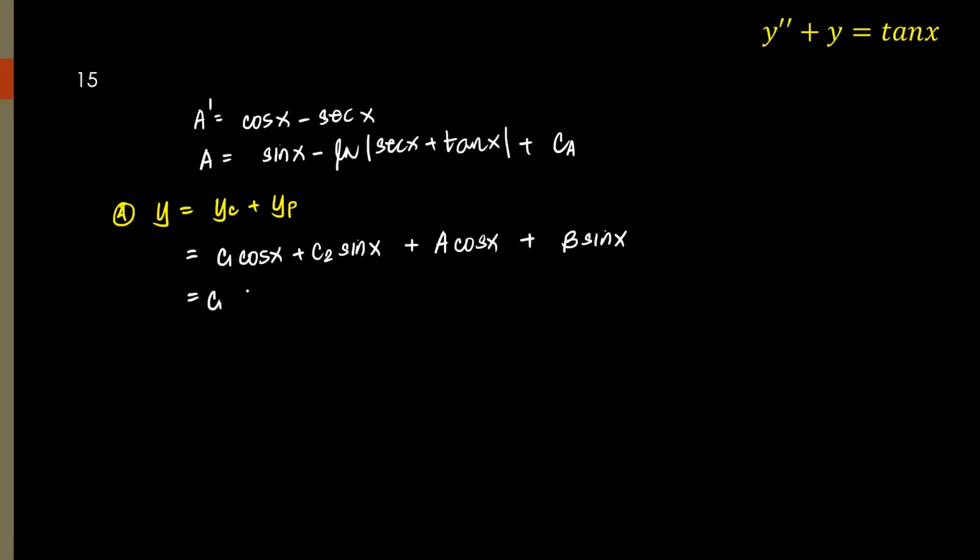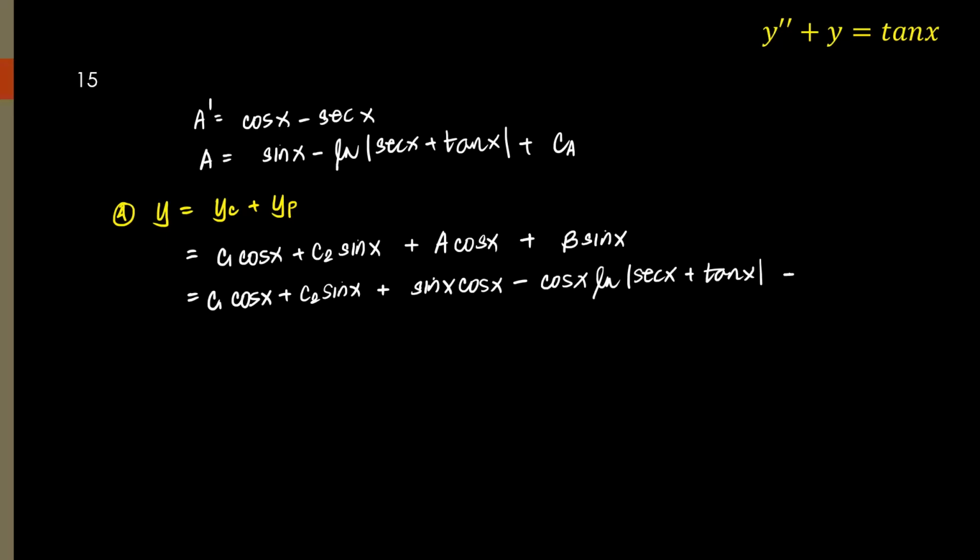Okay. C1 cos x plus C2 sine of x plus your a is, so let's rewrite that, sine x cos x minus cos x times ln of secant x plus tangent of x, and then plus c of a.